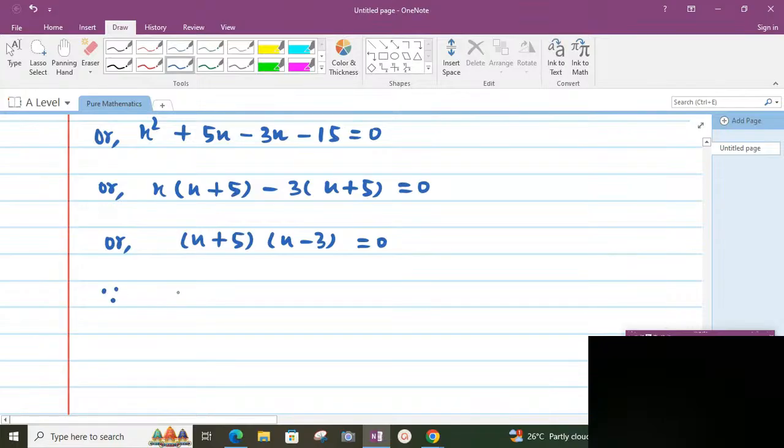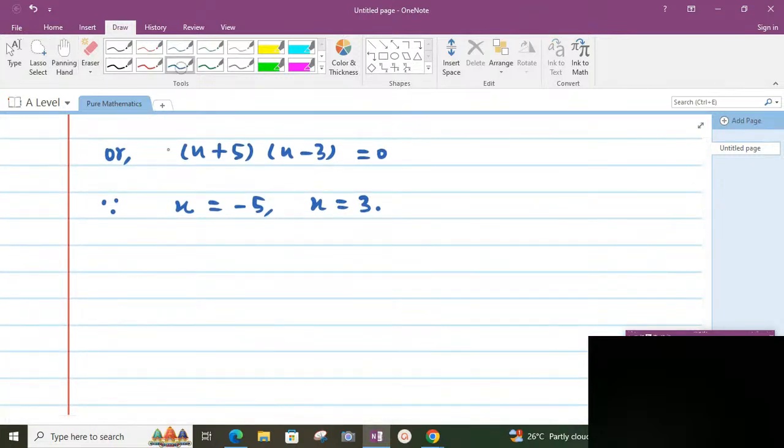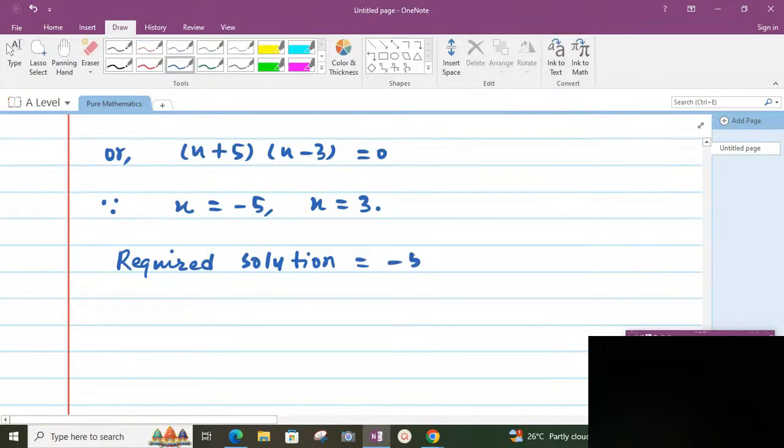Therefore here will be x equal to, when plus 5 move in the right hand side, then we get here minus 5, and minus 3 move in the right hand side, then we get 3. So the required solution here will be minus 5 and 3.